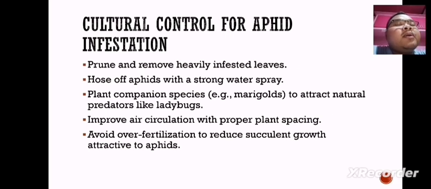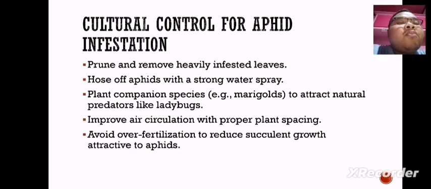So what are the cultural controls for aphid infestation? So we have here prune and remove heavily infested leaves. So yung mga masyado nang na-infest ng mga aphids, pwede natin silang i-prune or tanggalin. Hose off aphids with a strong water spray. So we can also use a strong water spray to deter or to remove the aphids.